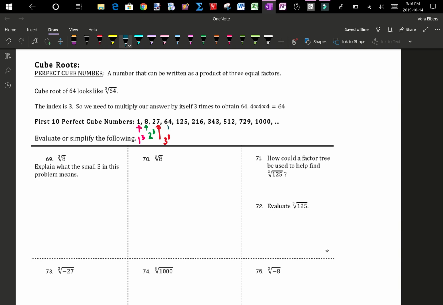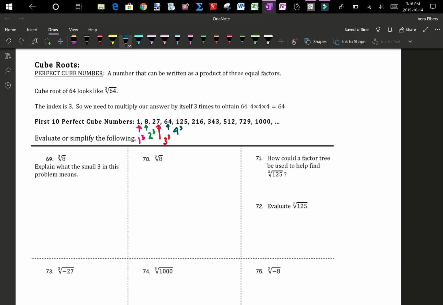And I'll do one more for you: 64 is a perfect cube because 4 to the 3rd power equals 64. Then you can go down the line: 125 is 5 cubed, 216 is 6 cubed, 343 is 7 cubed, 512 is 8 cubed, 729 is 9 cubed, and 1000 is 10 cubed.